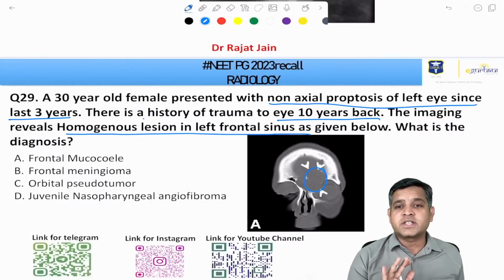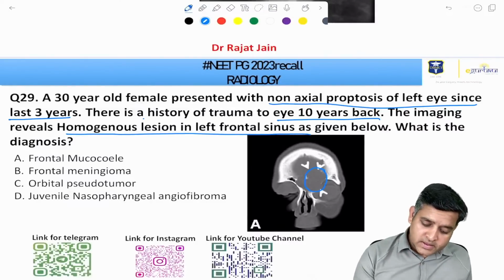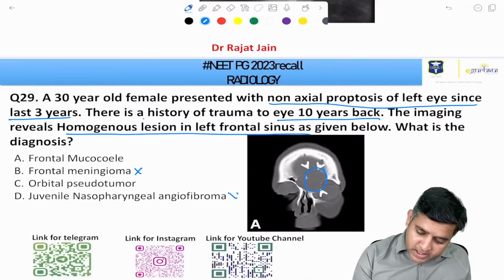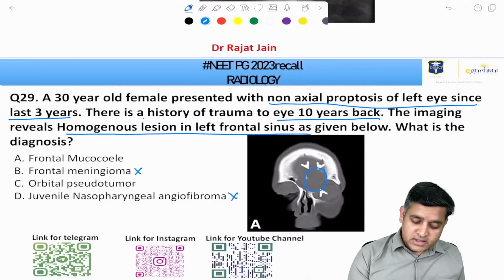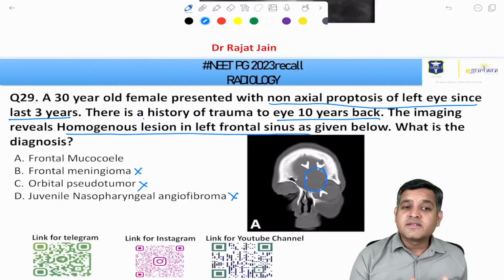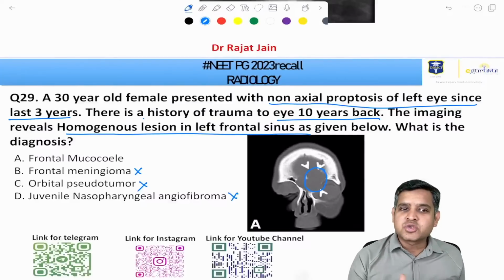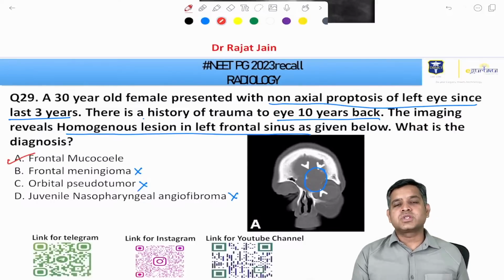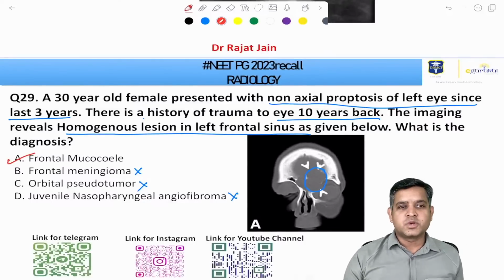Even if you do not know what the lesion is, please remember, this cannot be a meningioma, a juvenile nasopharyngeal angiofibroma, or a pseudotumor, because none of them can be present in the frontal sinus associated with trauma. So the only answer that comes to my mind is a frontal mucocele, right?